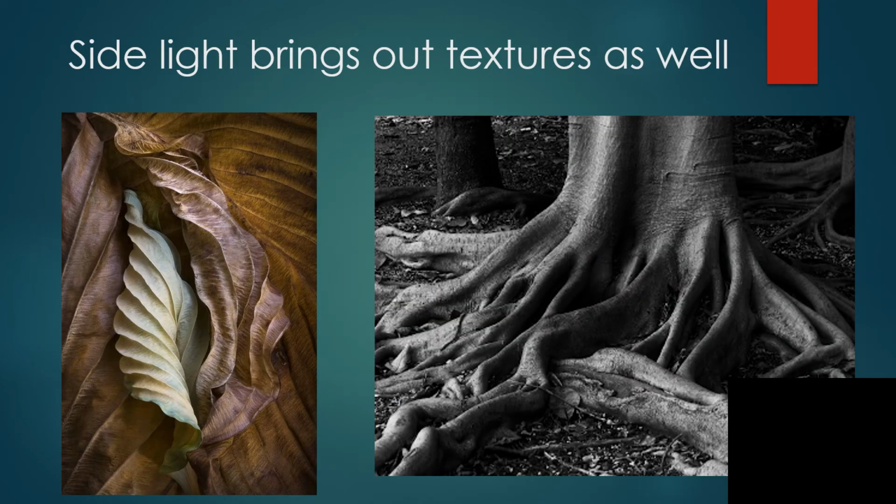And boy, oh boy, this reminds me of going up to Sedona, up to the creek up there, Oak Creek, and taking pictures of tree roots and fallen leaves. October, good month to be traveling to Sedona to take those kinds of pictures. And side light is going to be the winning form of light for this type of work.